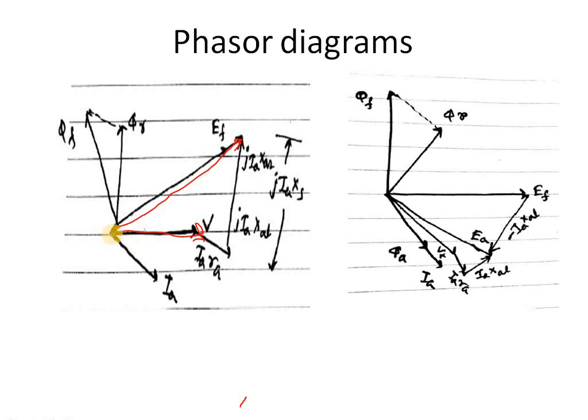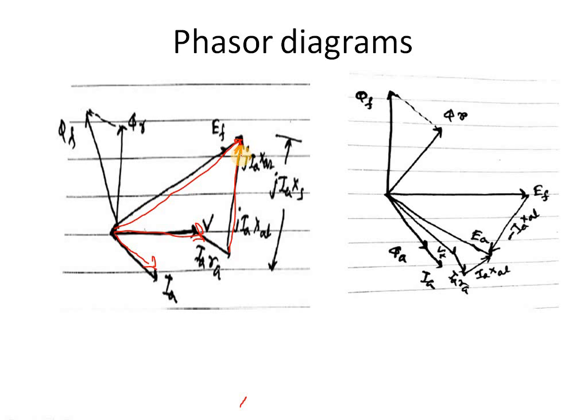This is the current IA, and in parallel to IA we draw the IARA drop. And IAjXL is an inductive drop, so it will lead V. It is placed here, and the combination of these three is basically EF.